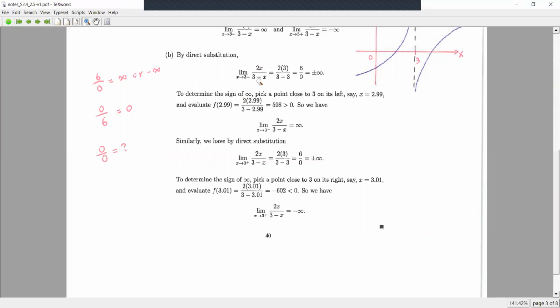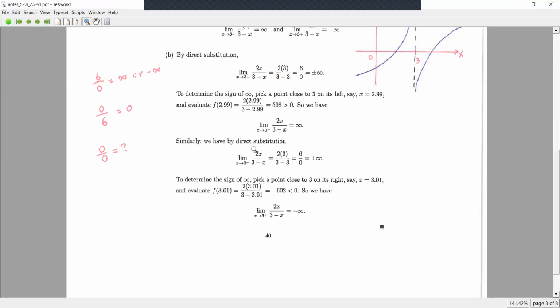The function value at 2.99, I plug in 2.99 in x, then the function value is 598, greater than 0. So when x is very close to the point 3 from the left, the function value is positive. Therefore, this limit should be positive infinity.